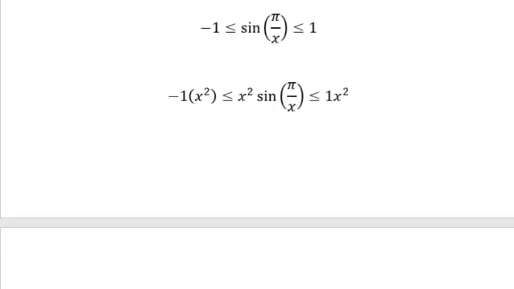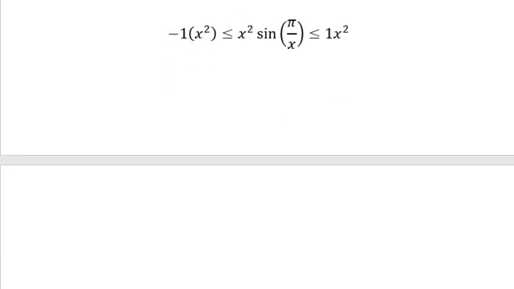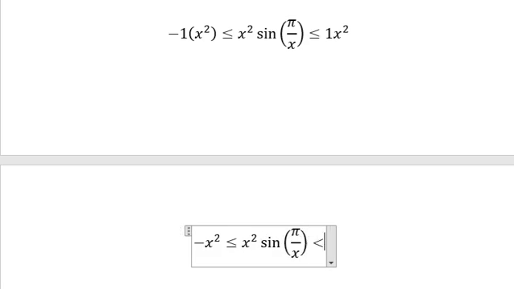So in this case I can simplify the inequality to get minus x squared, which is less than or equal to x squared times sine of the angle pi divided into x, which should be less than or equal to x squared.